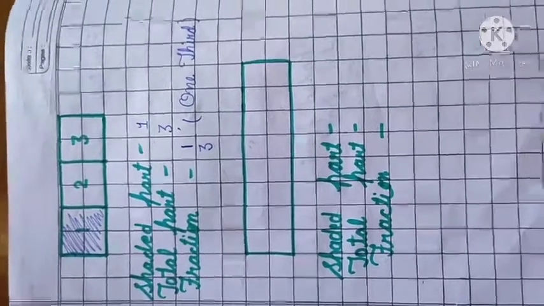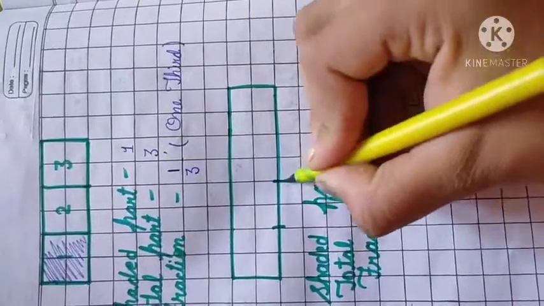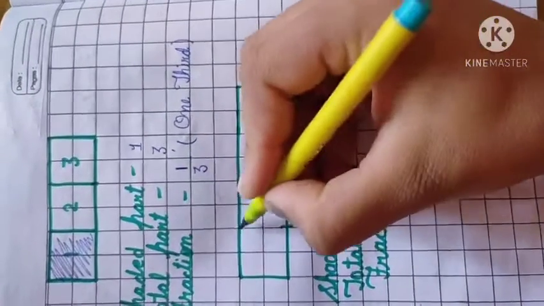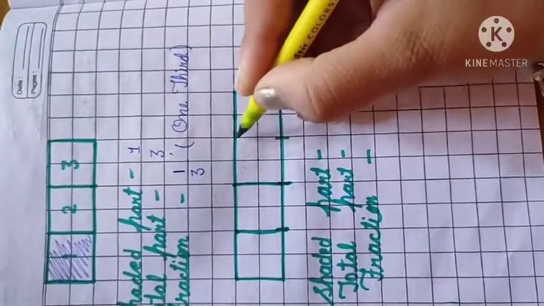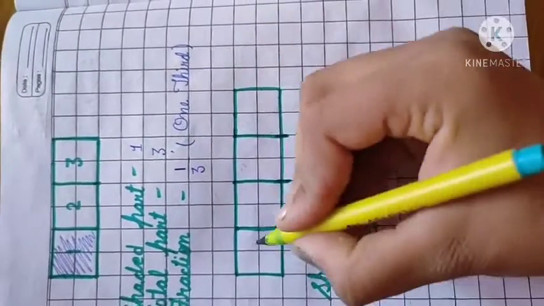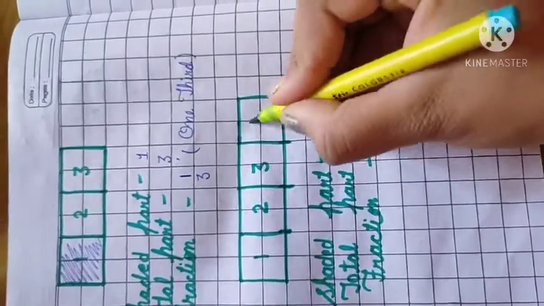Now let's take one more example. Here is a rectangle. Let's divide it into four equal parts. So first part, second part, third part. So now 1, 2, 3, 4.